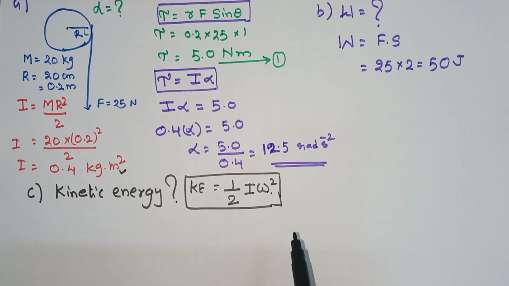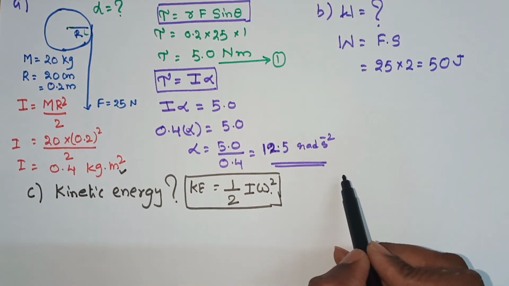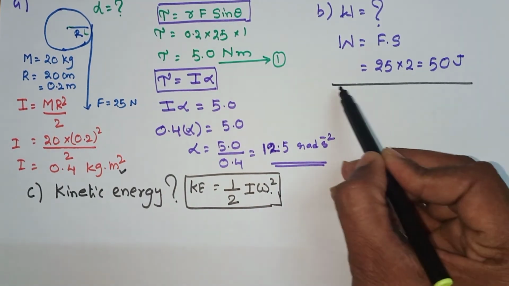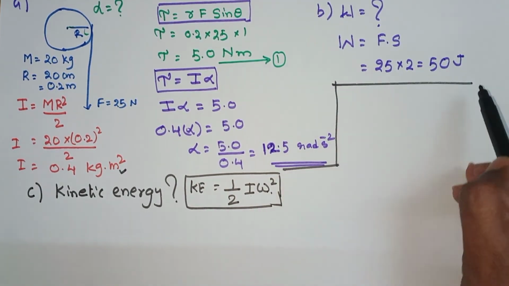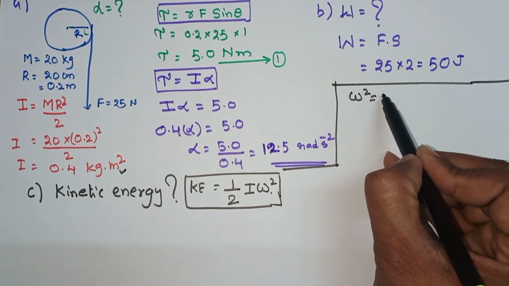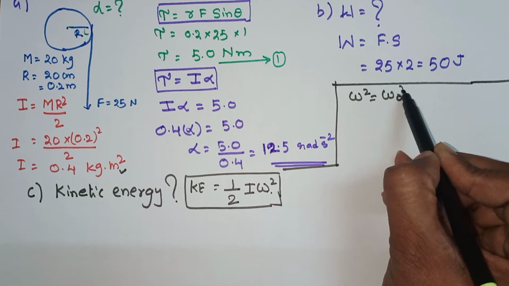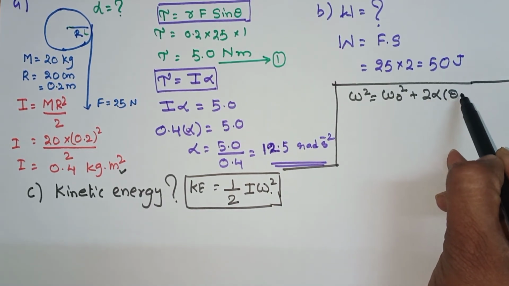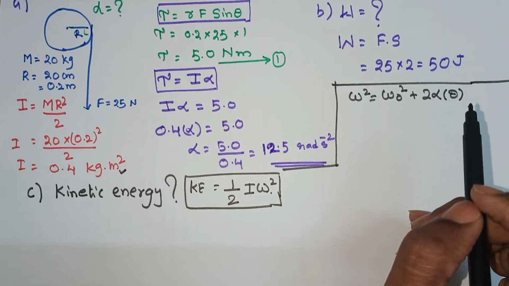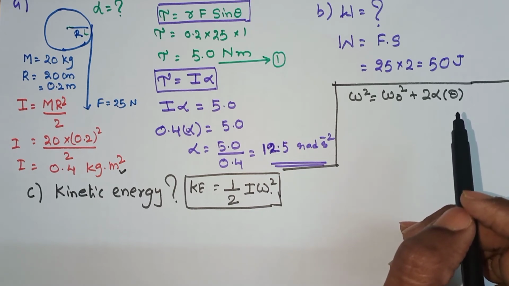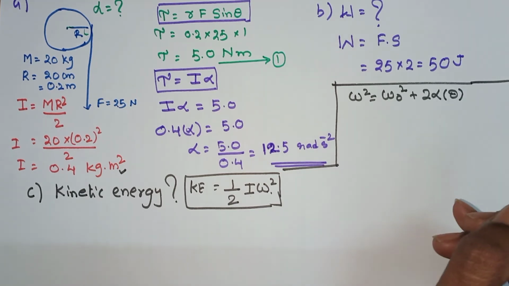How to calculate omega? As it initially starts from rest, they have given omega square is equal to omega naught square plus 2 alpha into theta minus theta naught. Theta naught is 0, theta, right? But how to calculate theta?